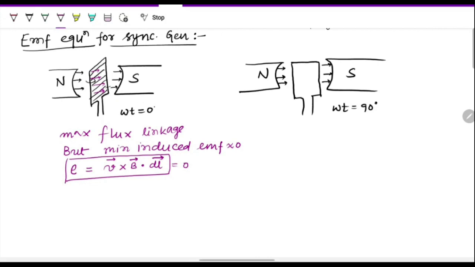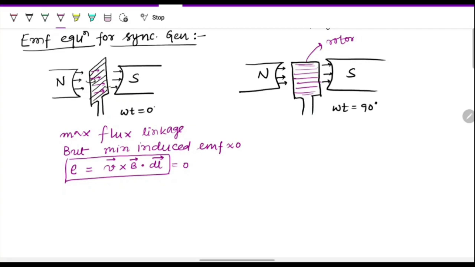Now considering this situation, this coil can also be termed as rotor, a simple rotor having only one turn, that is single turn. After rotating through an angle of 90 degree, this coil is having minimum flux linkages, because there is no flux passing through the coil, because the plane of this coil is in the same plane of this paper.